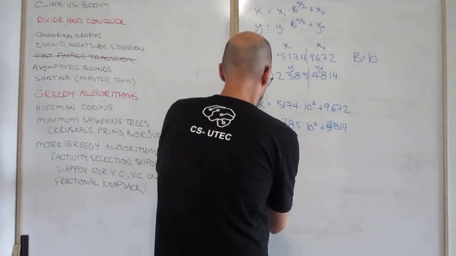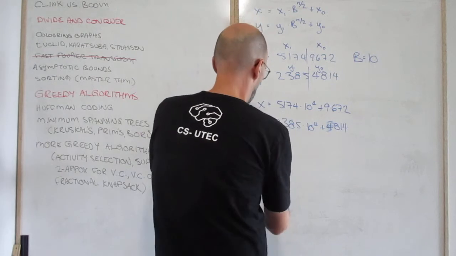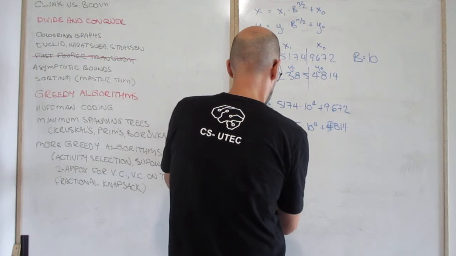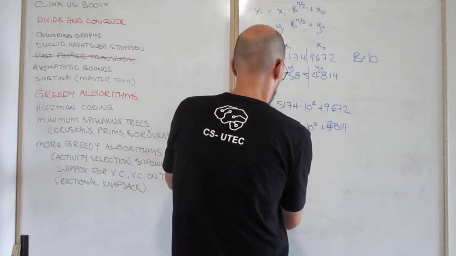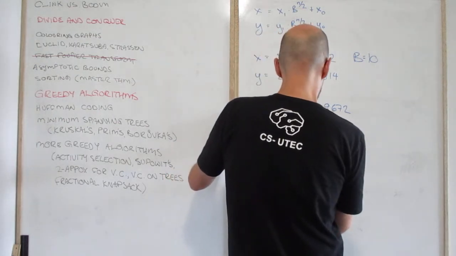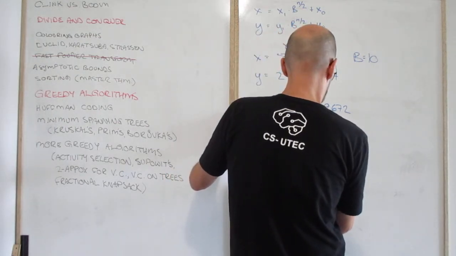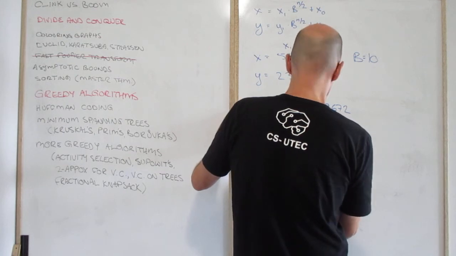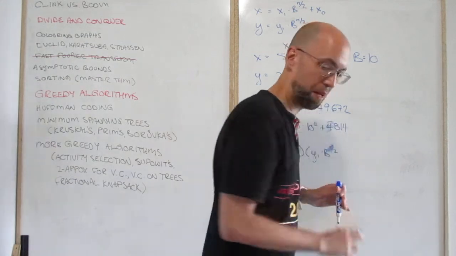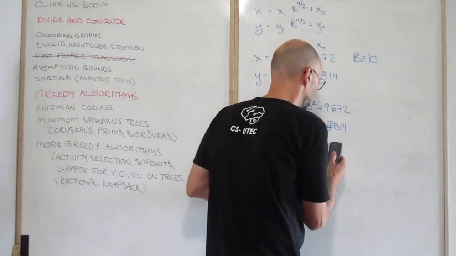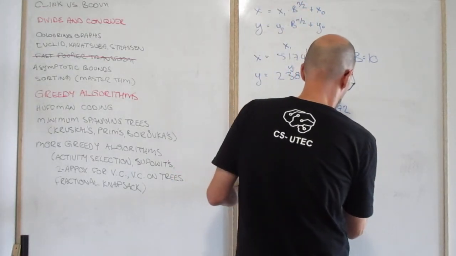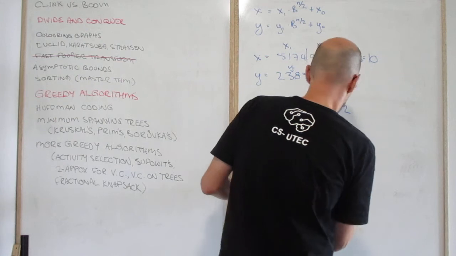Now, what you would normally do is you'd say, okay, x times y is going to be x1 times b to the n over 2 plus x0, times y1 times b to the n over 2 plus y0.